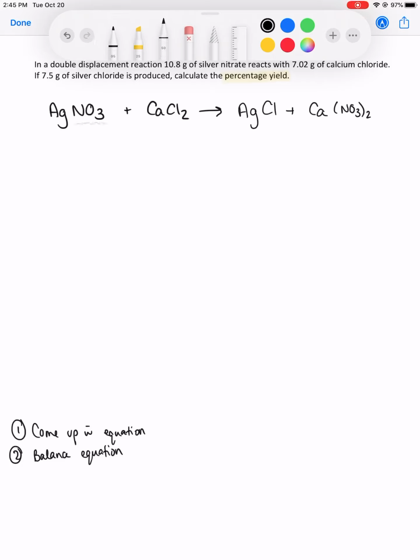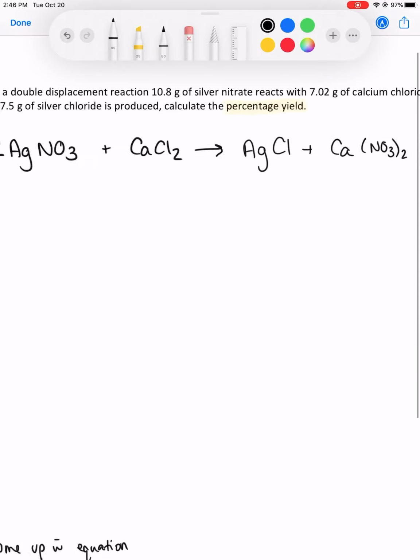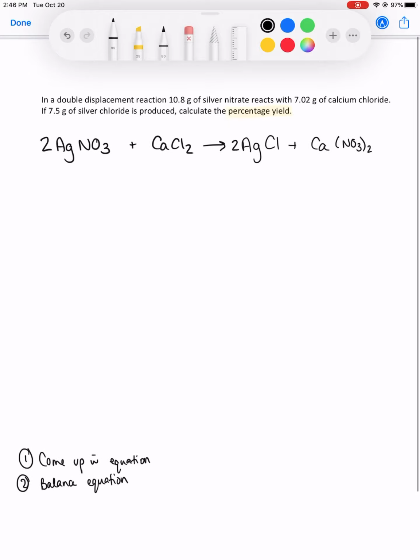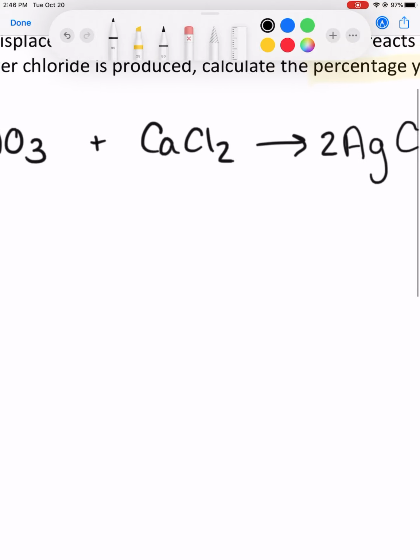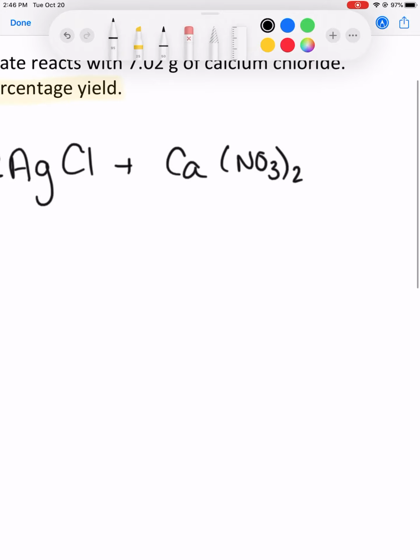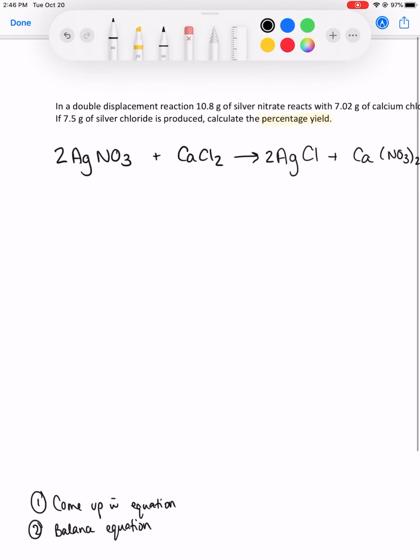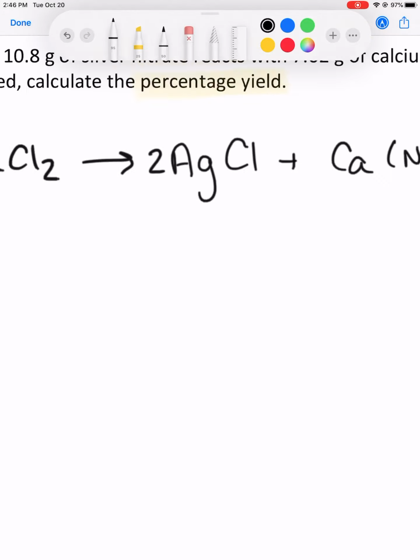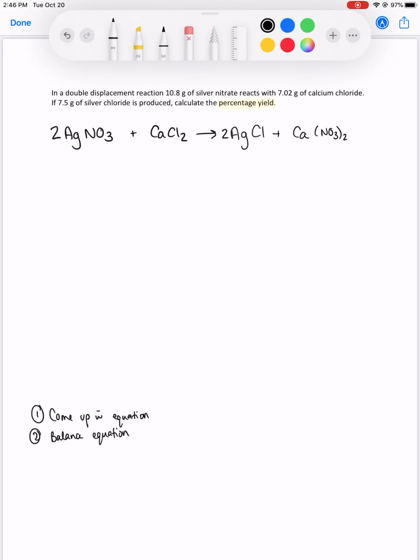Okay, NO3 here, there's 1, but over here, there's 2. So that means I need to throw in a 2 in front of here. Now that I have 2 silvers, I'm going to have to put 2 silvers in here. Okay, calcium, I have 1 on my reactant side, 1 calcium on my product side, and then I have 2 chlorines here, product side, 2 chlorines. We're done. Good. So I've done that.